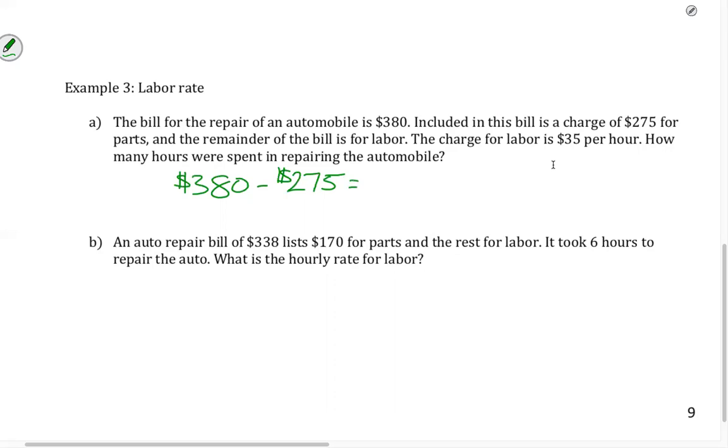So if I subtract those two, I get $105 for labor. But it's $35 an hour. So if I do 105 divided by 35, I get my answer, which is 3 hours.